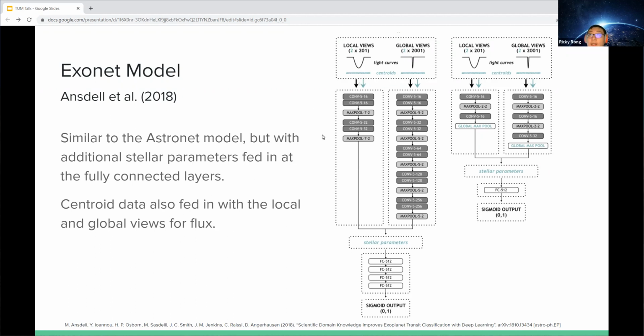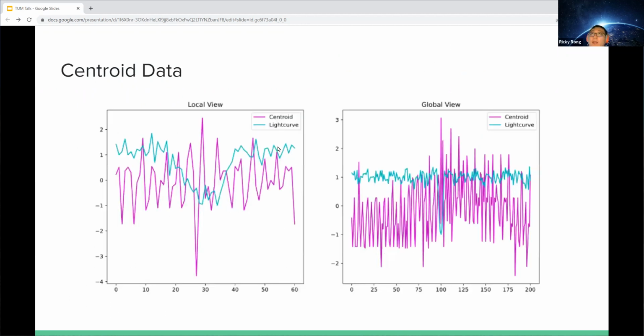So the centroid data looks like this. There is also a local and global view for the centroid data, and it comes with the FITS file that we get. This is also normalized to represent standard deviations from the mean instead of an absolute value, which is why you see it go from around -4 to 3.